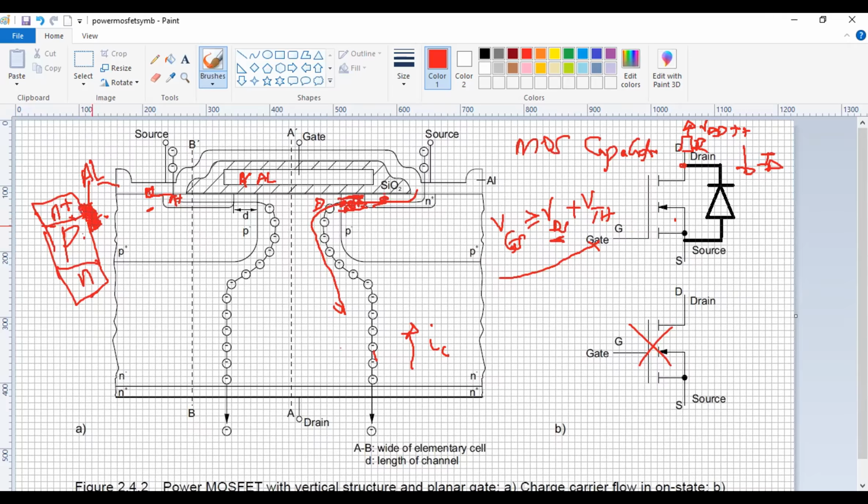So you short it by having this aluminum contact, connecting the P and the N. Same thing out here: you can see the metallic contact between the N and P using that aluminum. Since there's now a contact, this is no longer really an NPN.